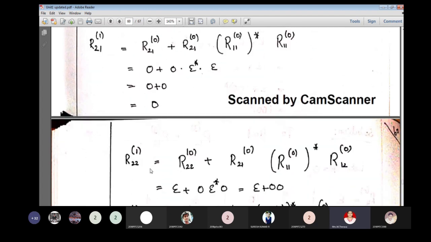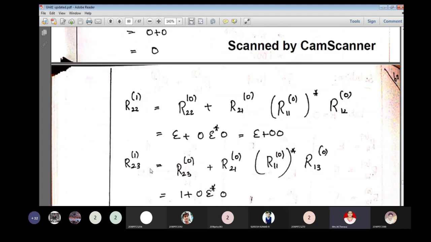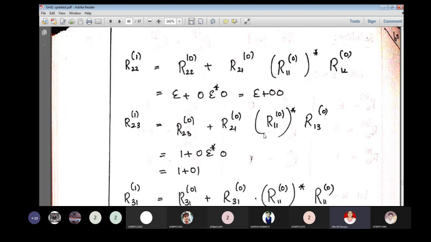Okay. Next, R22 power 1 can be written like R22 power 0 plus R21 power 0, R11 power 0 the whole star, R12 power 0. Next, substitute the values from the previous computation as epsilon plus 0, epsilon star 0, which is nothing but epsilon plus 0, 0. Clear?